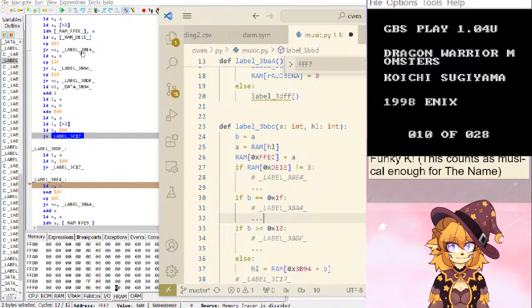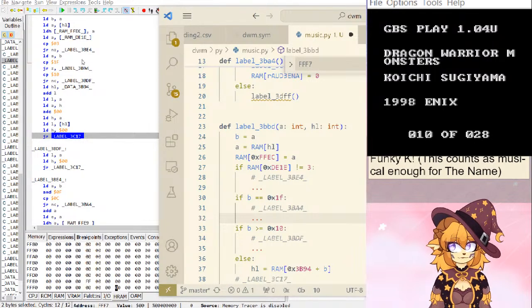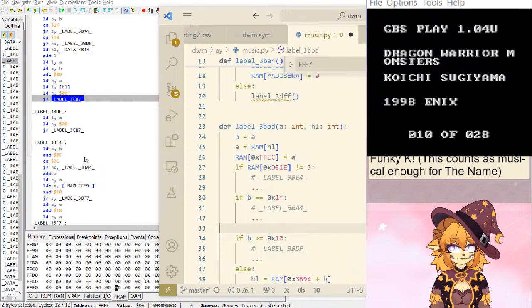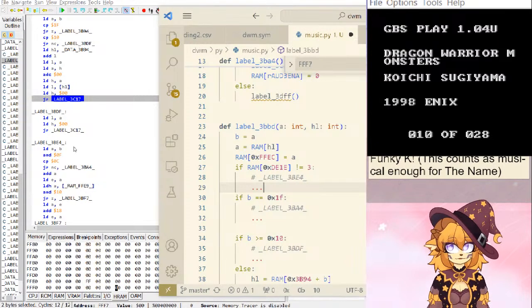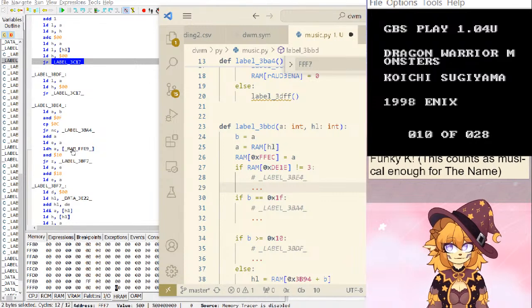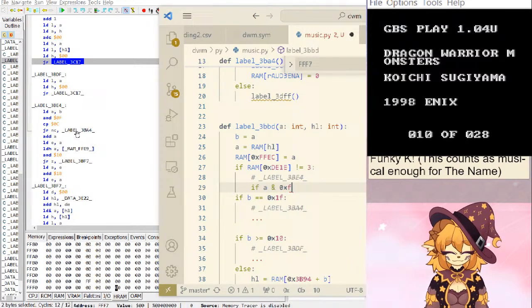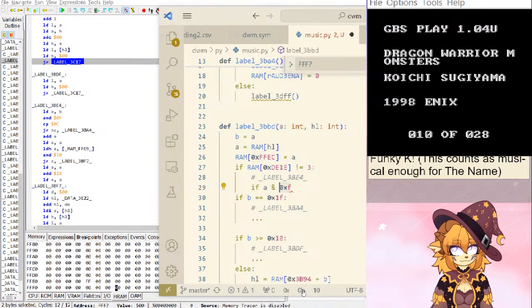So how do we get to 3BE4? Okay. So let's look at 3BE4. A and 0x0F. Actually, I'm just going to convert that to binary real quick.